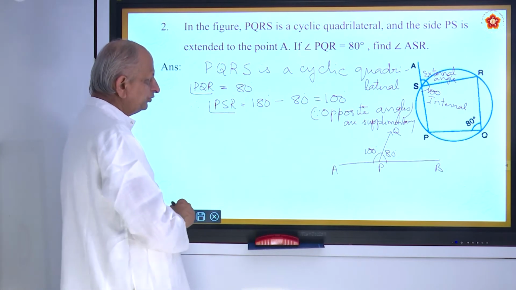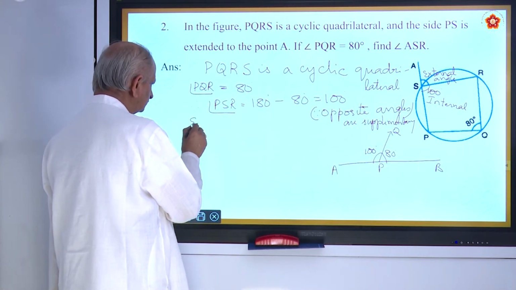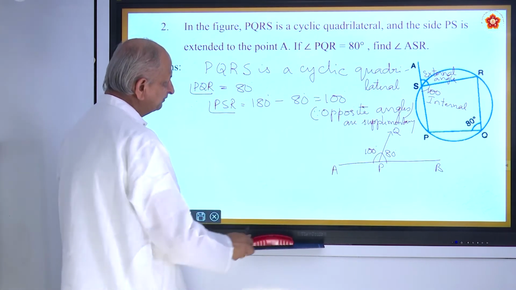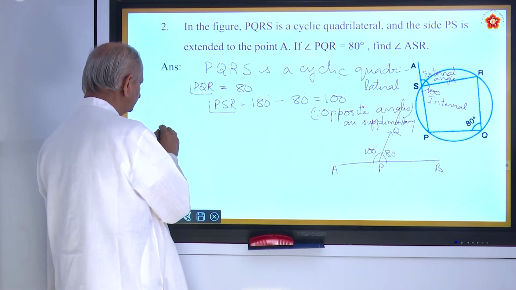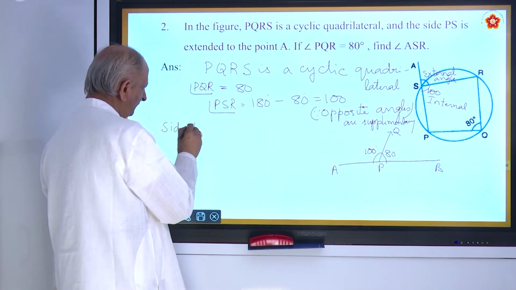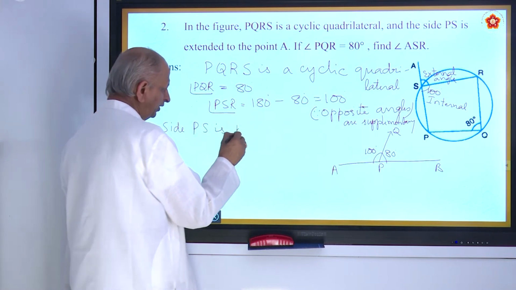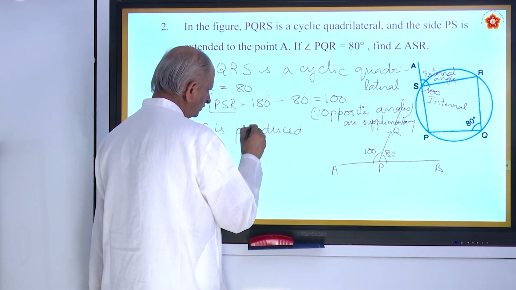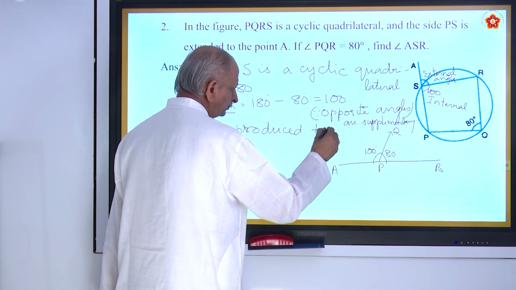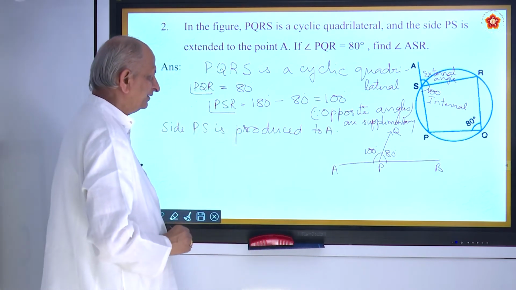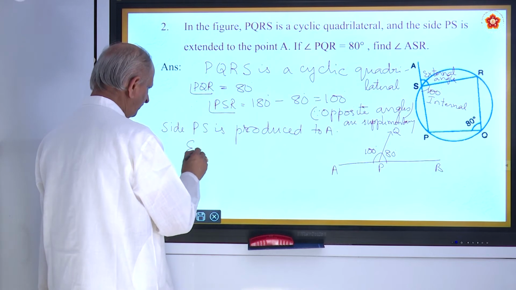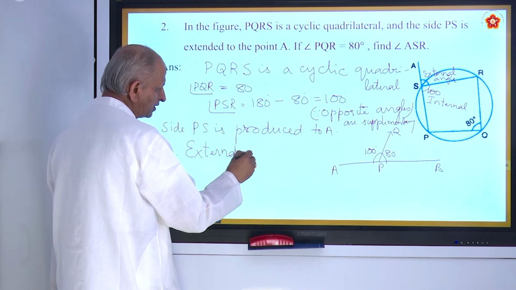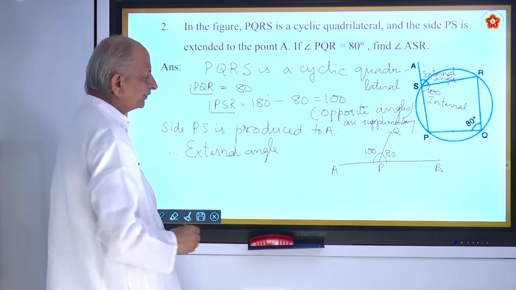Is it not? So, you are given that side PS is produced to A. So, you get the external angle. What is the name of that?